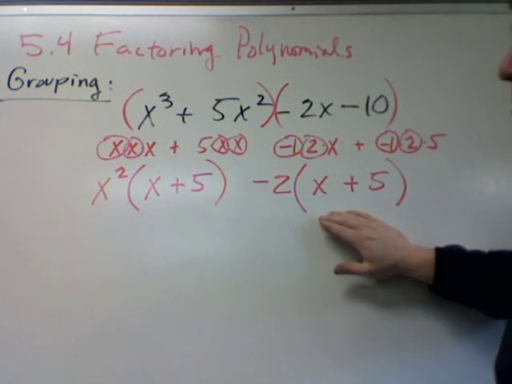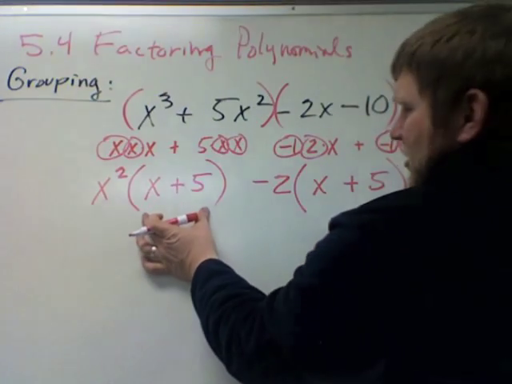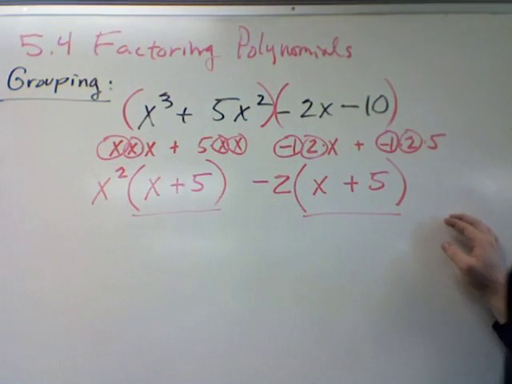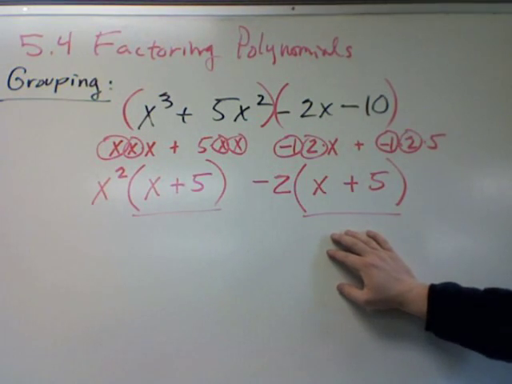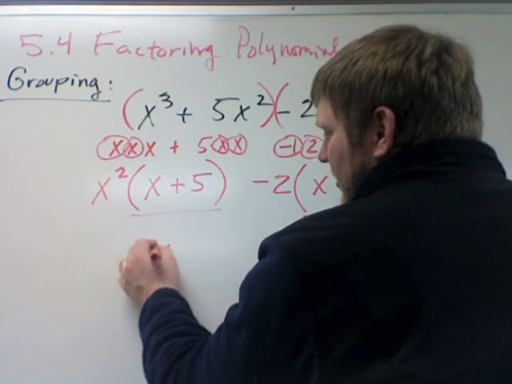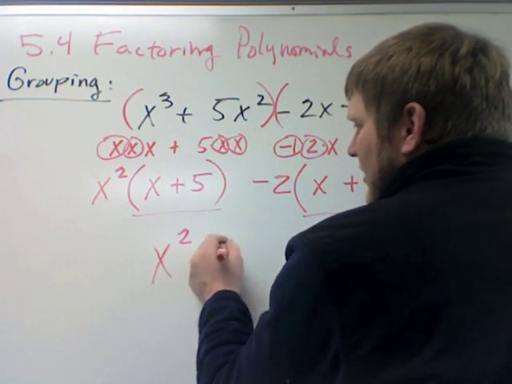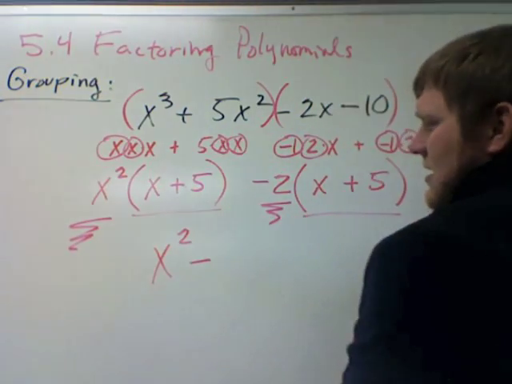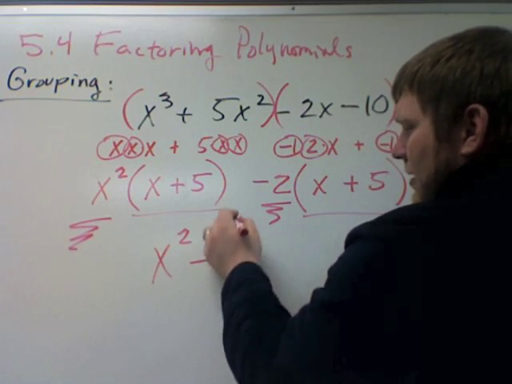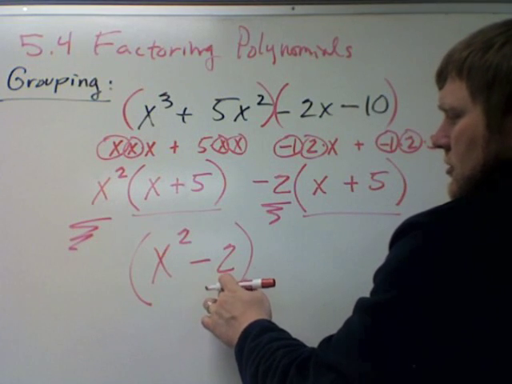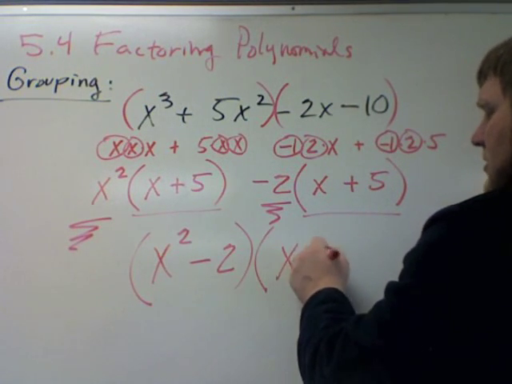Now for this grouping method to work, notice that my two quantities right here are the same. Okay? That's important. If those don't turn out to be the same, then this obviously wouldn't work. To finish up my factoring, I take this and this, and I make it a factor: x squared minus 2 times x plus 5.